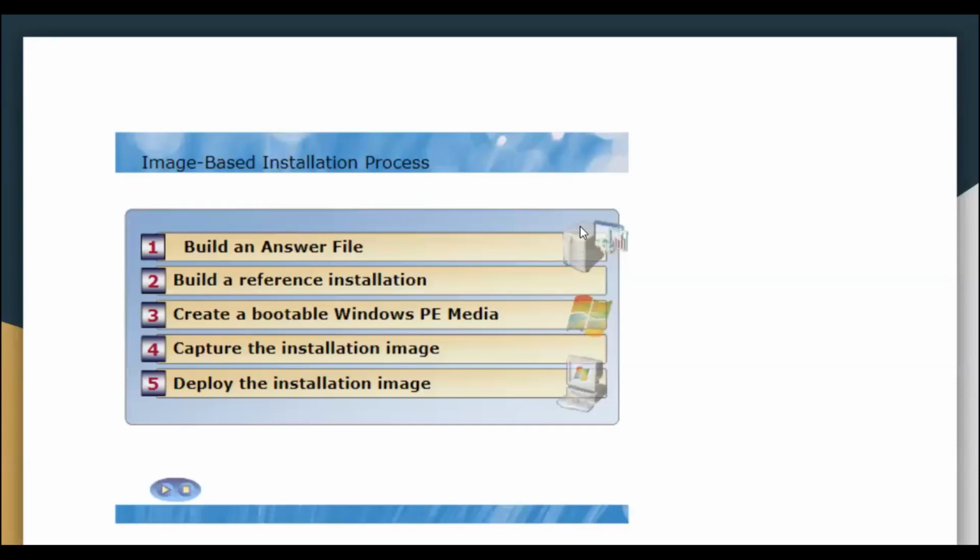Use ImageX to capture the image from the source workstation and store it in a distribution share. Then on the destination workstation, use Windows PE to connect to the distribution share. Use ImageX to apply the image in the distribution share to the destination workstation.